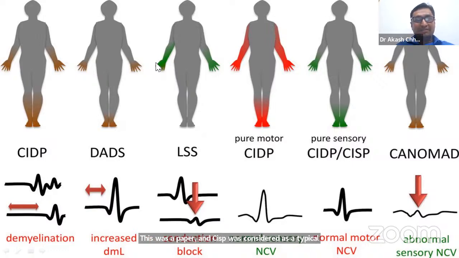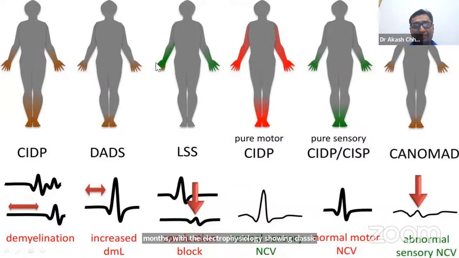So these are various presentations of CIDP. The red one is pure motor, green is pure sensory symptoms, and brown is a green plus red mixture, so sensorimotor syndromes. CIDP will be proximodistal sensorimotor involvement of all four limbs over a period of more than 2 months, with the electrophysiology showing a classic demyelinating picture.